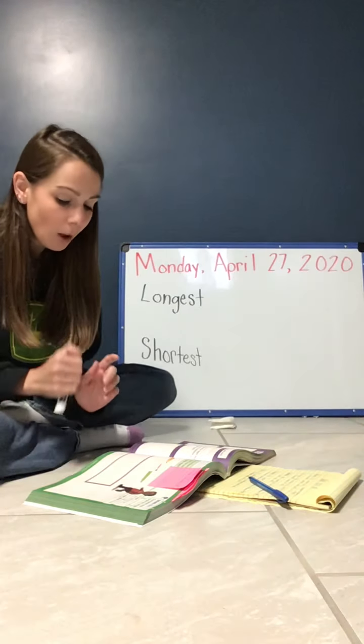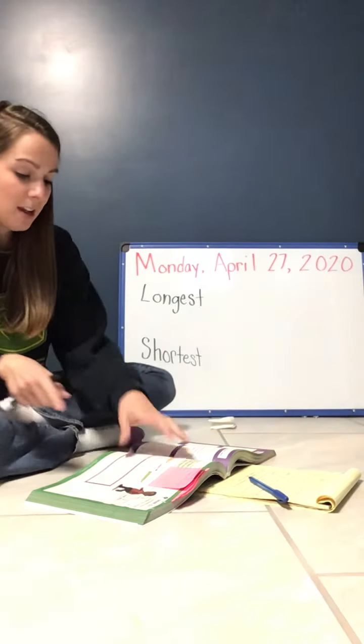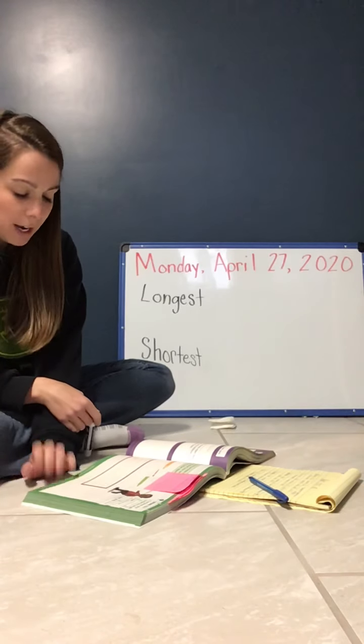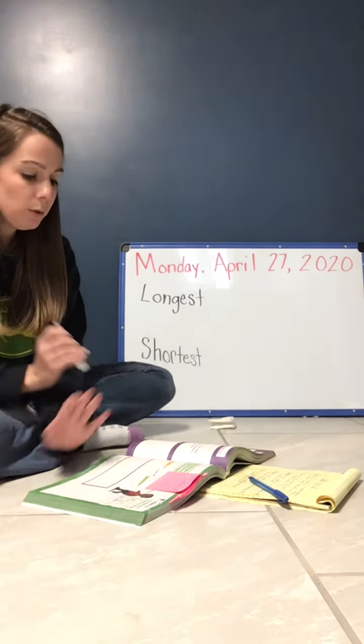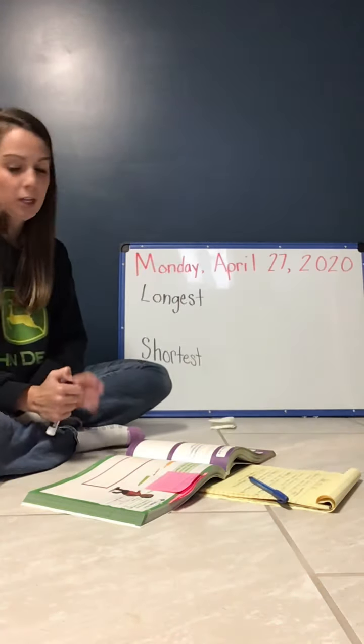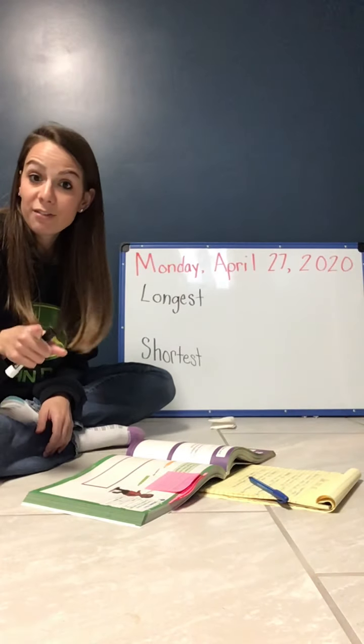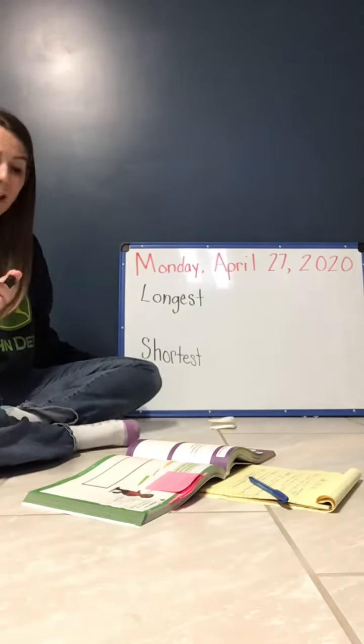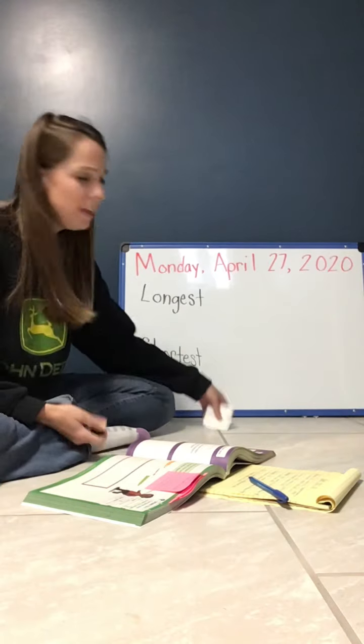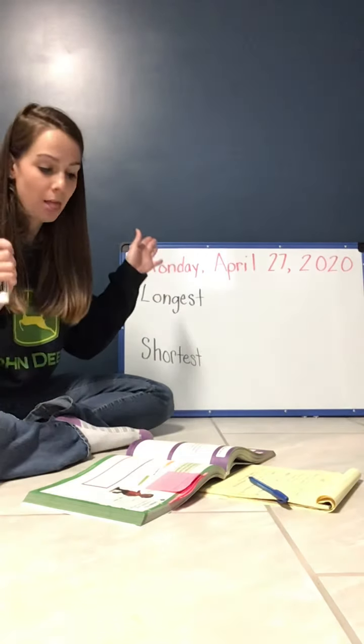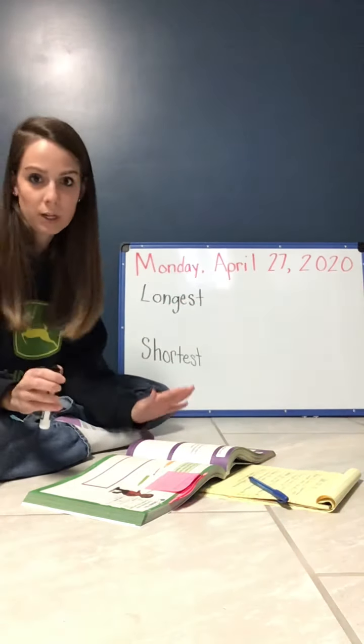So, on page 667, if you look in your book, they show you 3 different objects. I want to show you 3 different objects, and I want you to help me put them in order from longest to shortest.